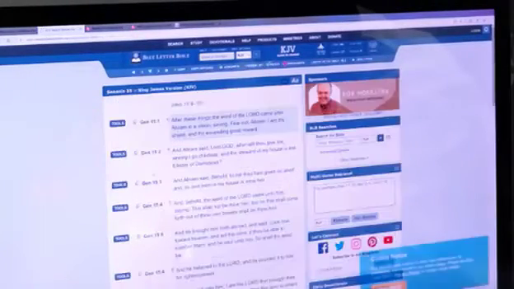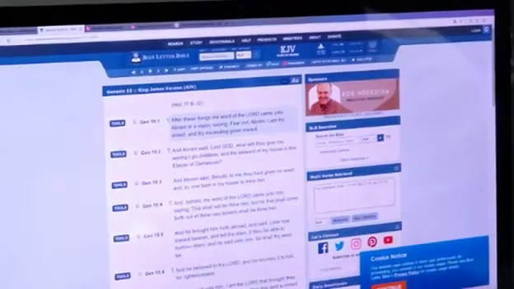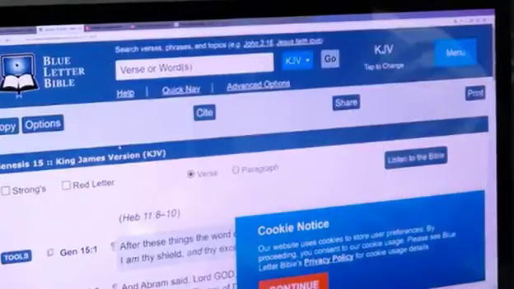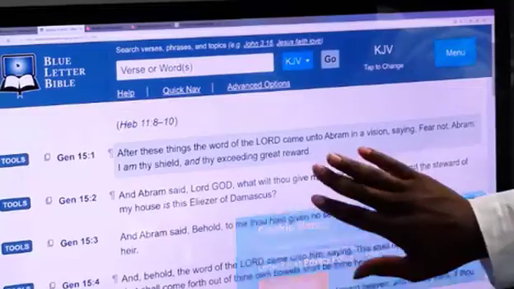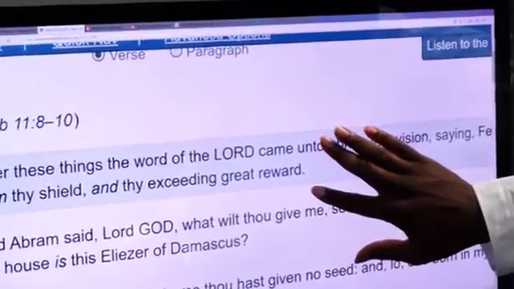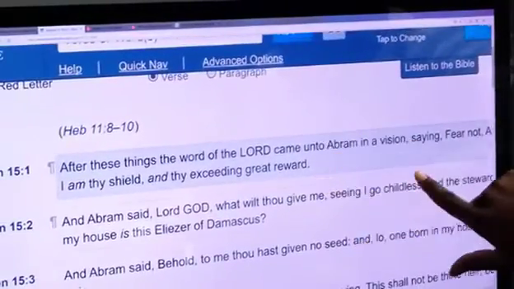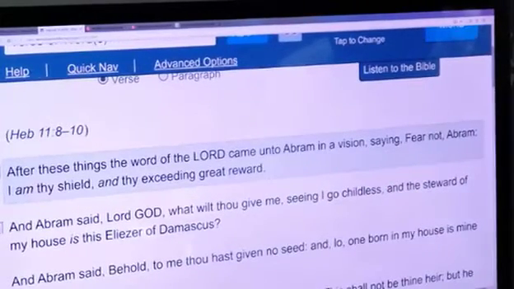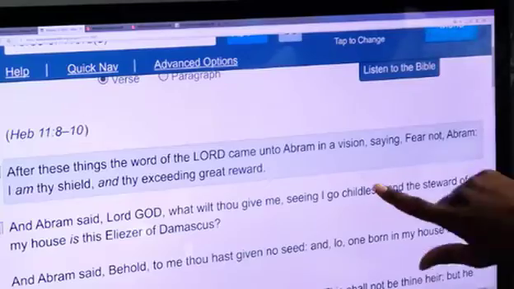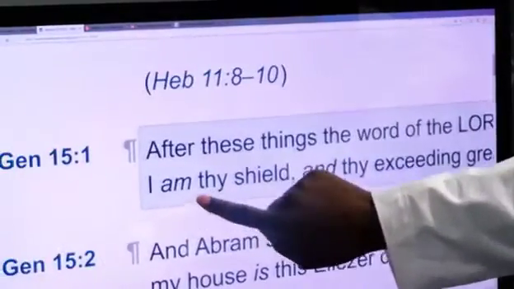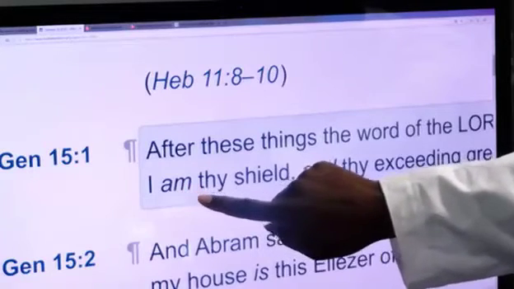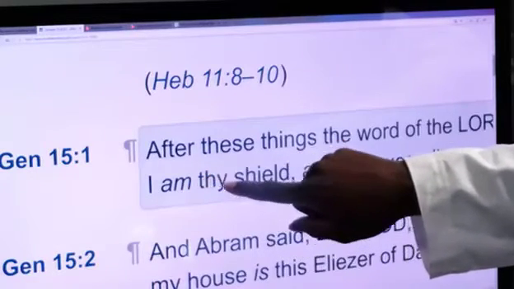So this is the Most High speaking in the book of Genesis, chapter 15, verse 1, where it says, after these things, the word of the Lord came unto Abram in a vision, saying, fear not, Abram, I am thy shield. And usually when it says I am, you'll see that the am is italicized because the am is implied.